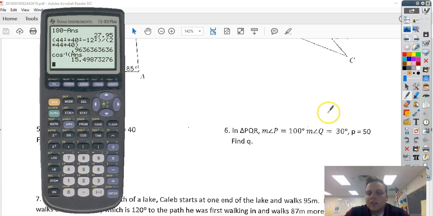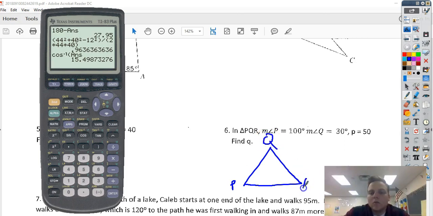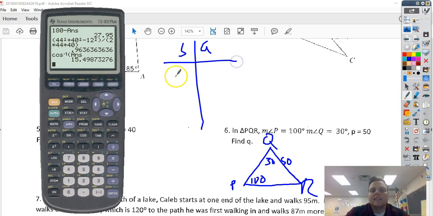It says in triangle PQR, the measurement of angle P is 100, angle Q is 30, and little p is 50. So we have a triangle here. Capital P, Q, R. Angle P is 100. Angle Q is 30. Little p is 50. So we set up our T chart, sides and angles.